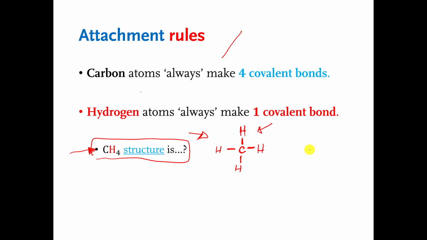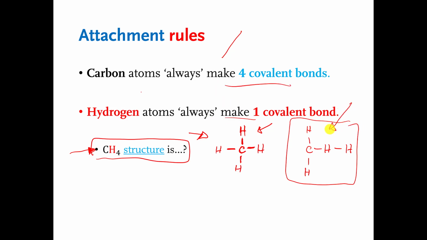For example, if I drew this, 1 carbon, and that's 4 hydrogens as well, and I said, no, this is the structure of CH4. You could look back at these rules and you could say this is not the structure of CH4 because there are only 3 bonds going into the carbon atom, and carbon has to have 4, so just for that reason alone, this is not the correct structure for CH4.